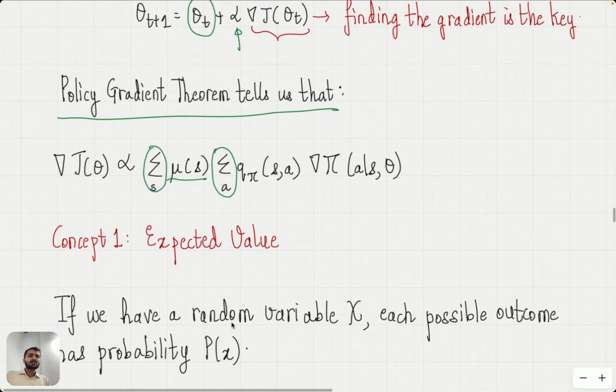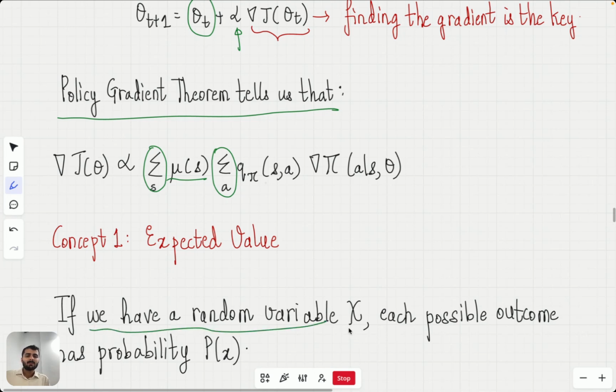The first concept is that of expected value. Let's say we have a random variable x, and each possible outcome has a probability p of x. Then the question is, what is the expected value of this random variable x?